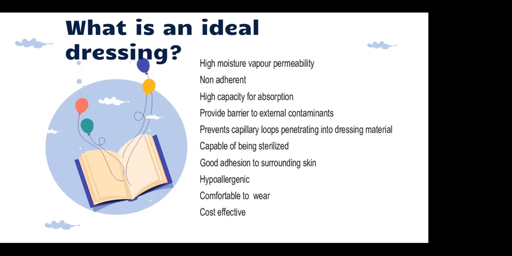And capable of being sterilized. Otherwise, when you are trying to sterilize it, it becomes a jelly, so you can't use it. Good adhesion to surrounding skin, hypoallergenic, comfortable to wear, cost effective. So that's an ideal dressing.